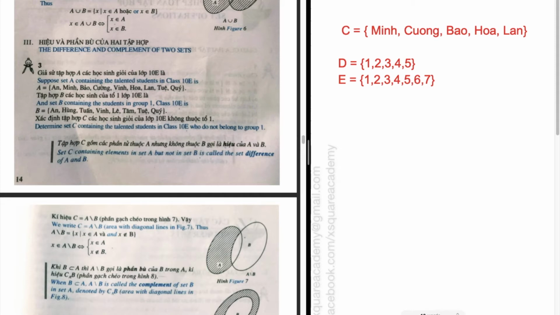If I call F the set difference of E and D, then set F contains elements that are in set E but not in set D. So F has to contain 6, 7, okay?